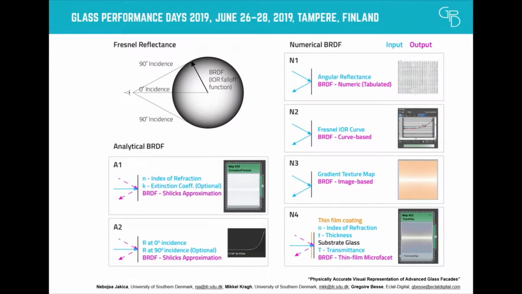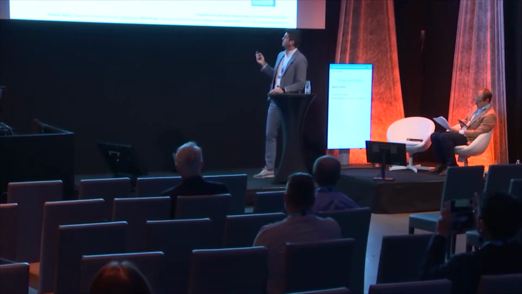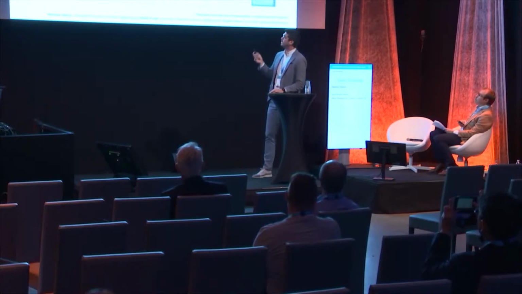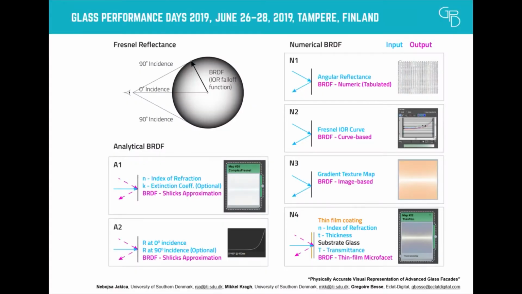Also, the model for defining reflections greatly affects the visualization. So the reflections presented here in this sphere present different grazing angles, and these angles can be represented via these 2 types of model, being analytical or numerical.